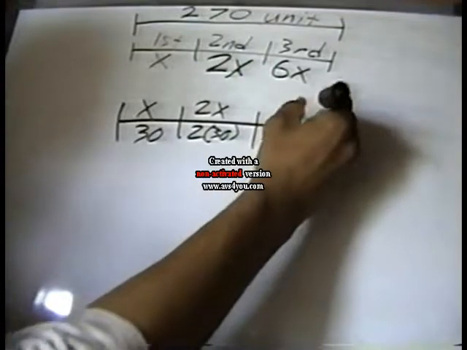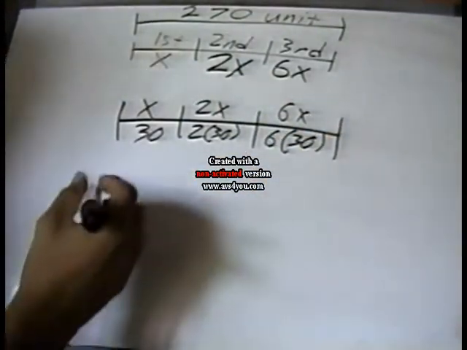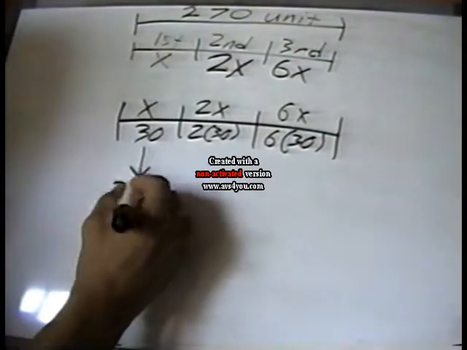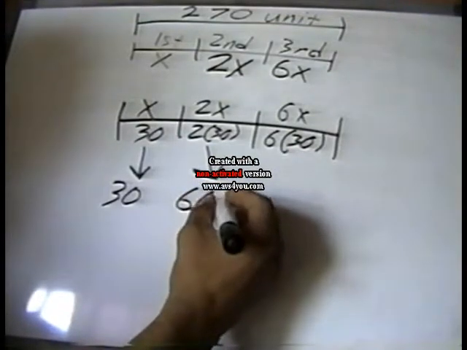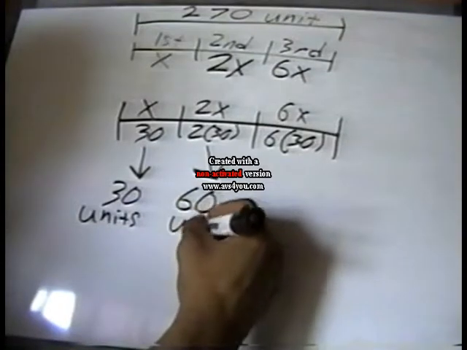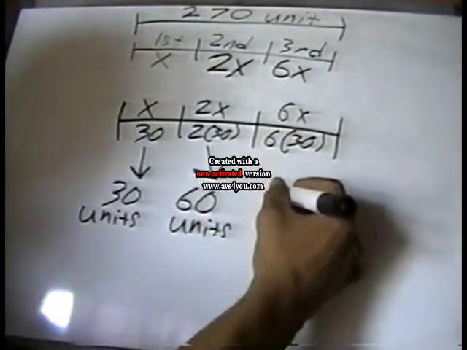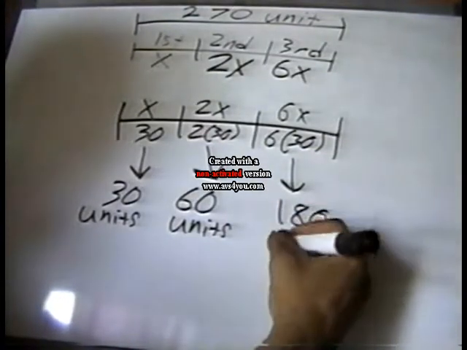Okay? So now, substitute those values. And x is 30. 2x, that's 2 times 30. And here's 6x, we know that's 6 times 30. Okay? So the first part is 30.